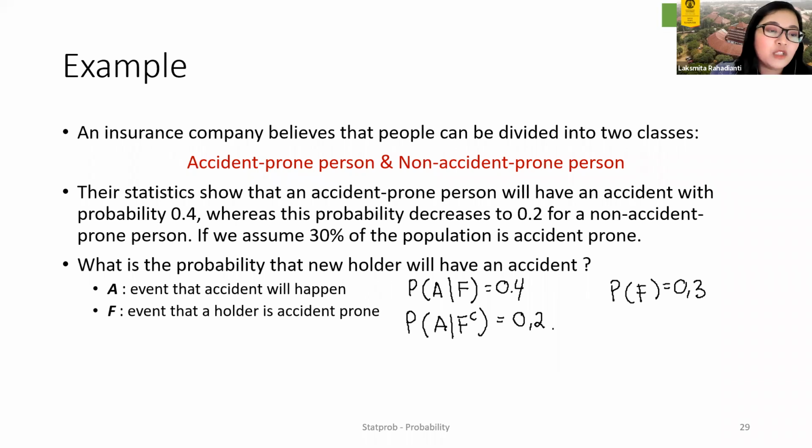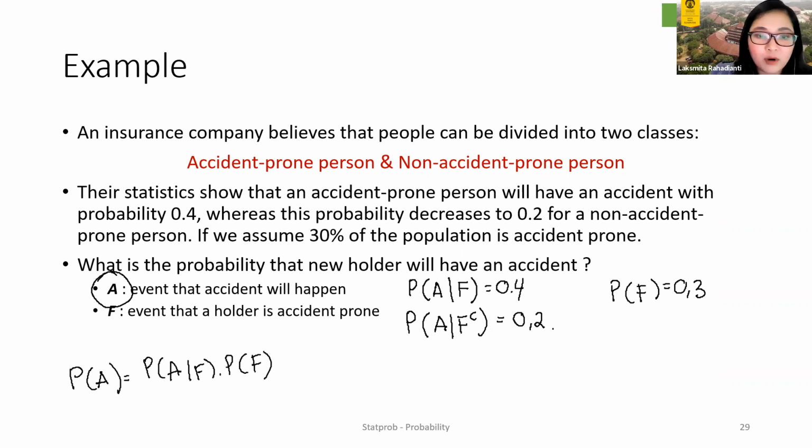And thus, if I wanted to compute the total probability that an accident will happen, I can write it as a condition based on the conditioning that people are accident prone. Thus, I can write the probability of A given F for accident prone people and the probability of A given F complement for non-accident prone people.